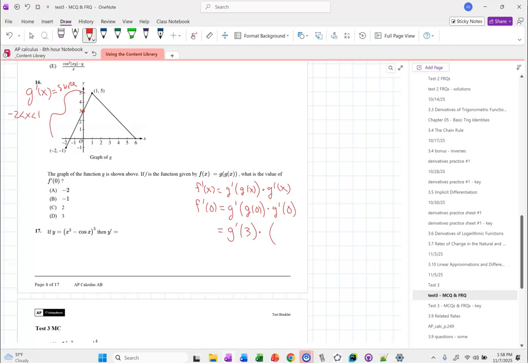That's just y2 minus y1 over x2 minus x1. And then g prime of 3. How am I going to do that? Same thing, but where am I taking the slope at? 3. Here, right?